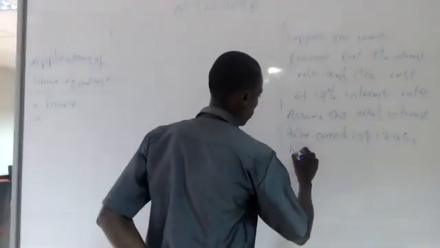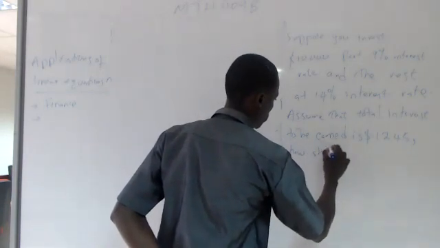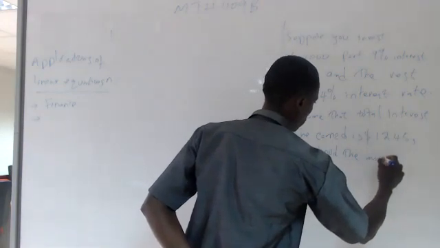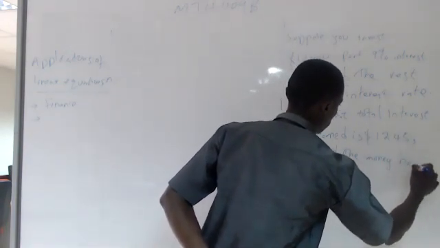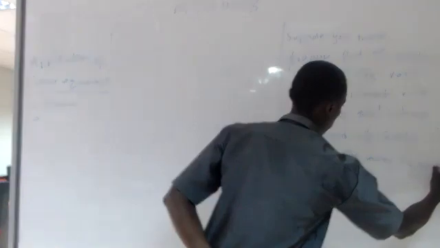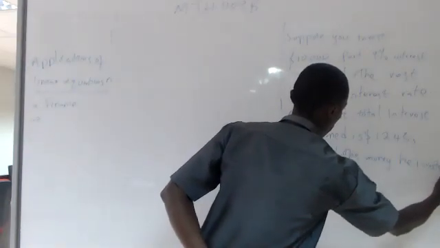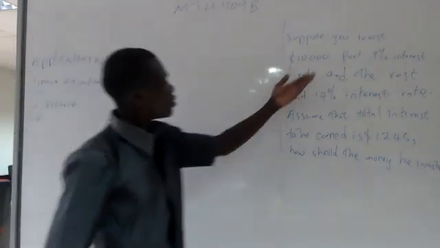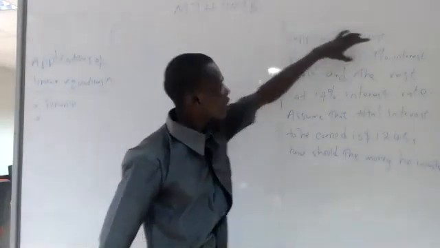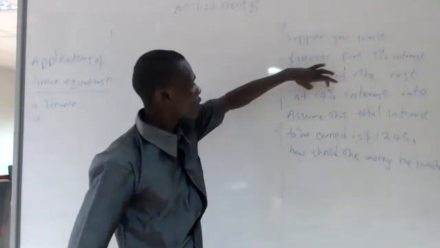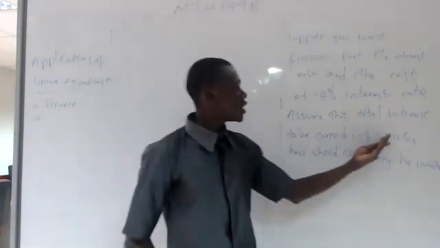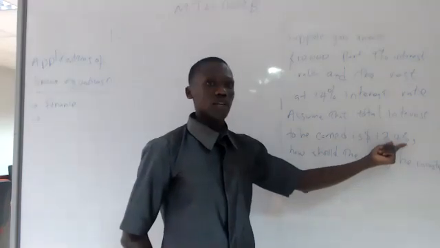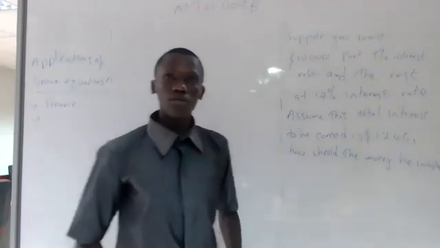How should the money be invested? In other words, which part of this should we invest at 9% and which part should we invest at 14%, so that at the end of the day, you earn $1,245 as your interest.